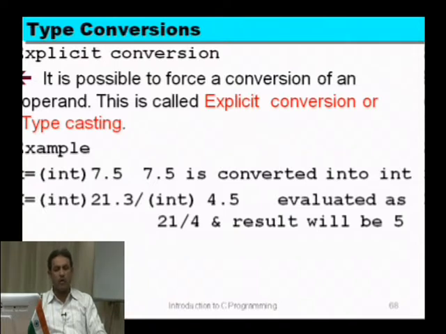We do not want the division as a fraction, as float values, but we want the result as an integer. Both the operands we want converted into type integer, so 21.3 is converted as integer and 4.5 is also converted as integer, and the result will also be type integer. So we are explicitly converting for our requirement.